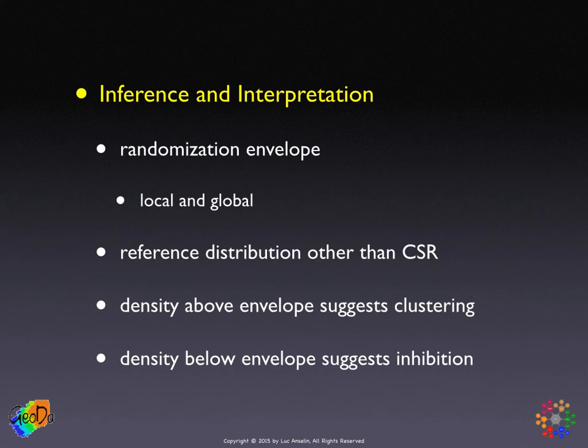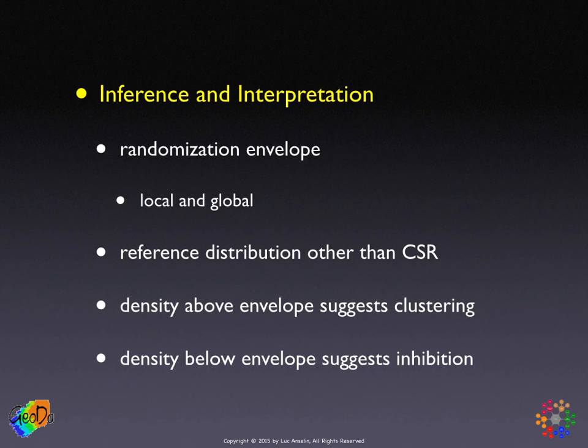If it's below, it suggests inhibition. This is a bit of a different approach, and there's still some discussion going on in the literature as to what its merits are relative to other techniques. In the nice review article that I have as one of the readings, there is a review of different distance statistics, and you see some specific details there if you're interested.